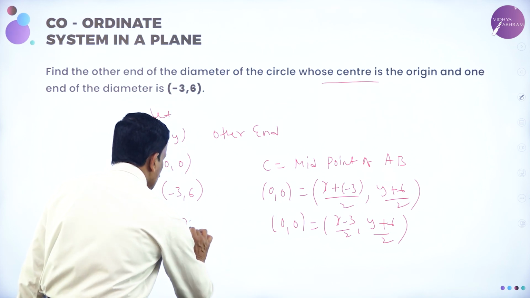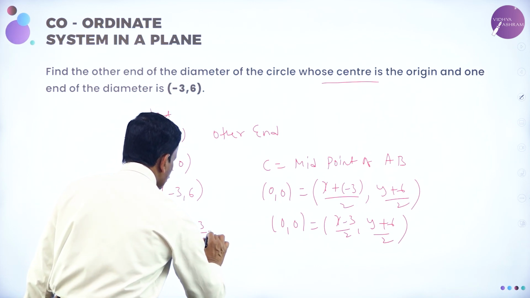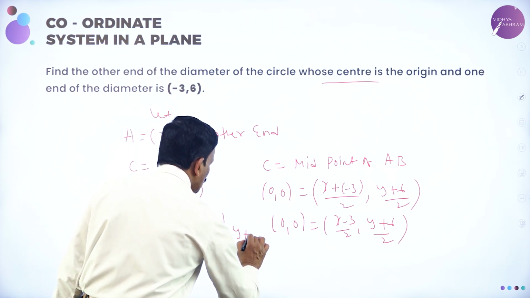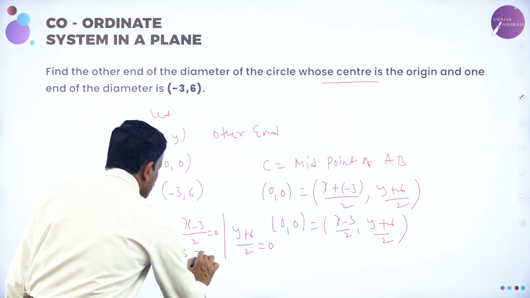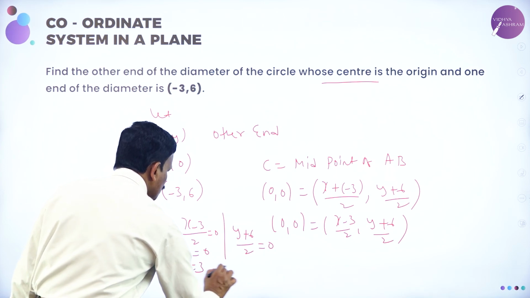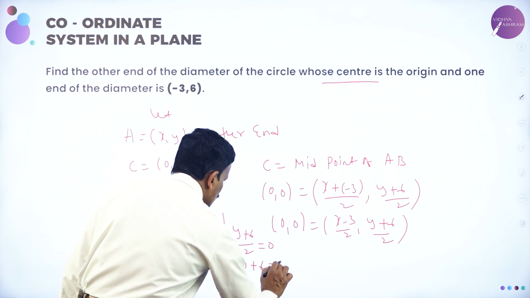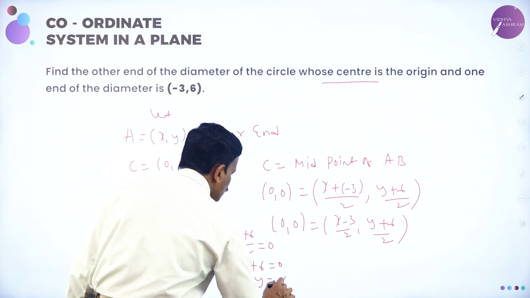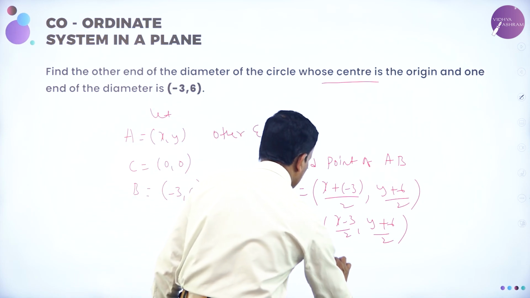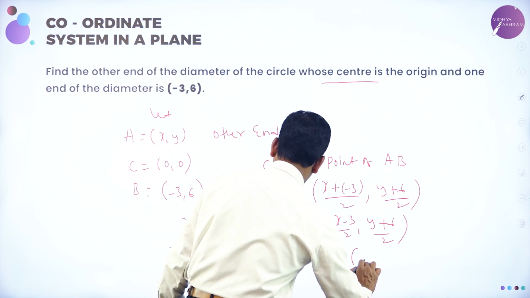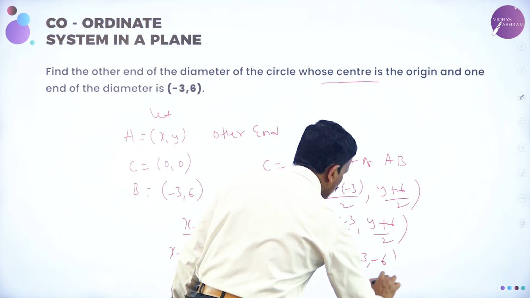Equate this. (x minus 3) by 2 is equal to 0, and (y plus 6) by 2 is equal to 0. Cross multiplied, x minus 3 is equal to 0, or x is equal to 3. y plus 6 is equal to 0, or y is equal to minus 6. So therefore the other end of the diameter A, x comma y, is 3 comma minus 6.